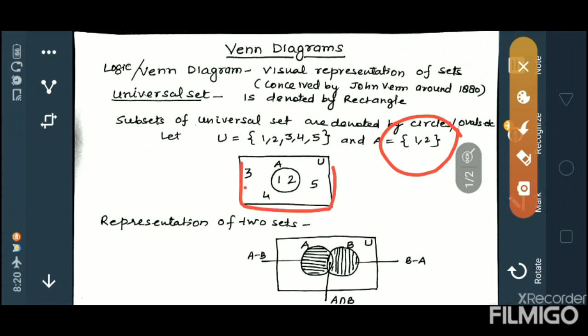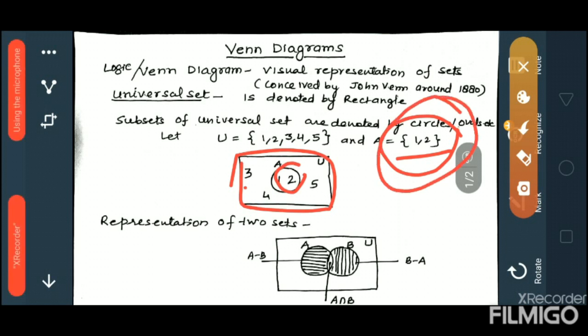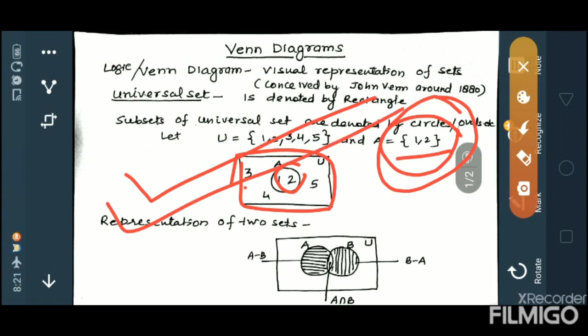We have made this rectangle to represent the universal set and this circle to represent set A. Now A contains 1 and 2, so we write 1 and 2 within this circle, and there are other elements in the universal set, that is 3, 4, 5, and we shall write them outside the circle. Now this is your representation, this is visual representation that we can understand in sets.